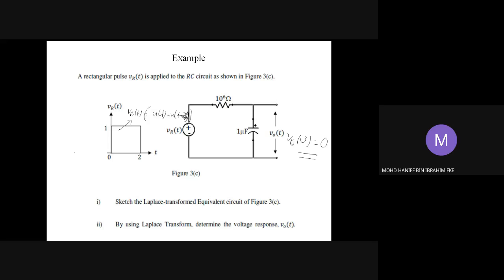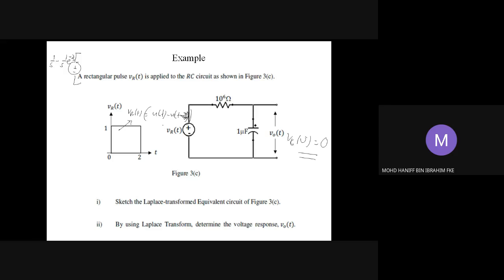Okay, so now we can transform into the s domain. Your voltage source shall be transformed, in which u(t) minus u(t minus 2), when we transform it, gives 1 over s minus 1 over s times e to the power of negative 2s.